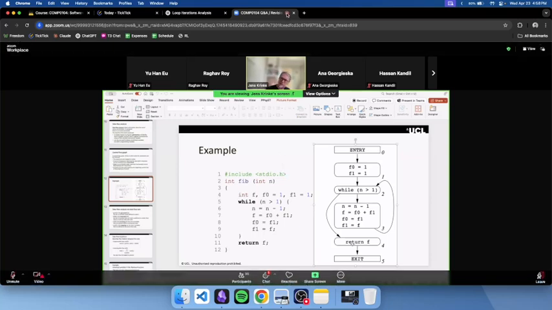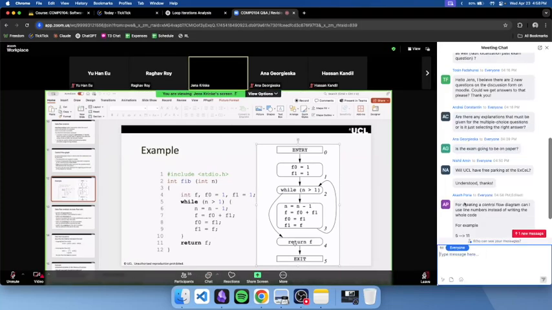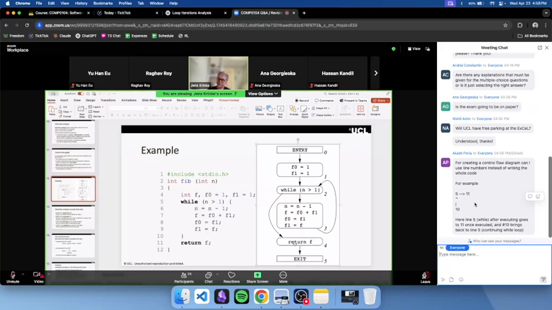Now there we have the cycle, which makes the fixed point iteration a requirement. You repeat the computation until none of the sets change any longer. So you've reached a fixed point of the results in the data sets.